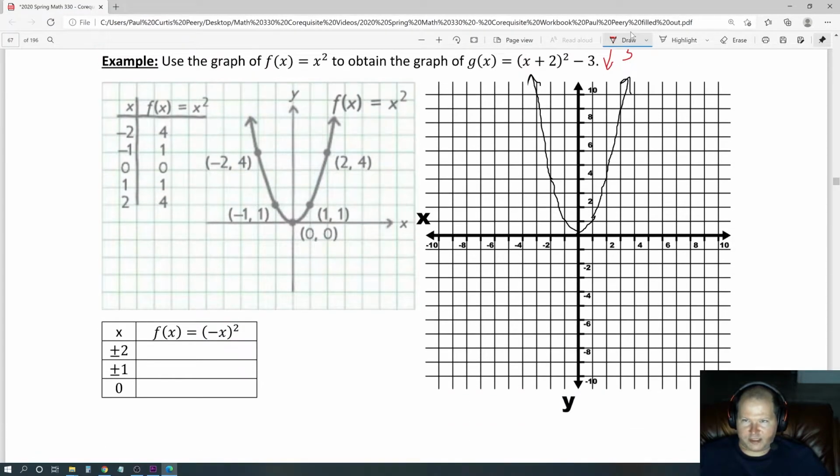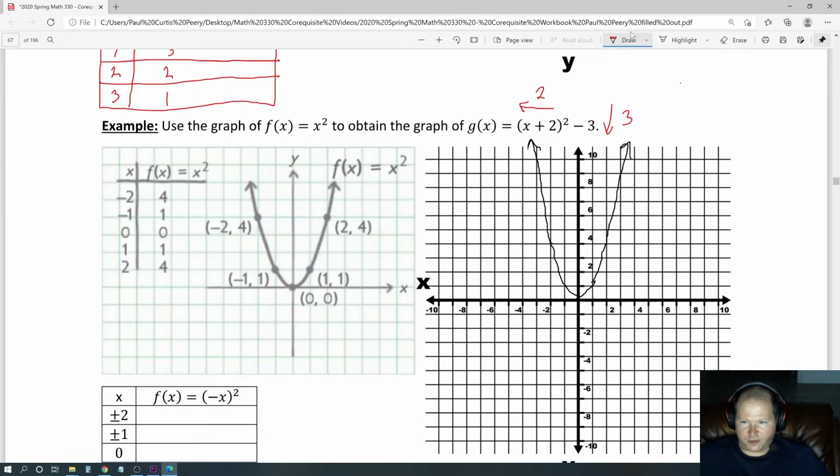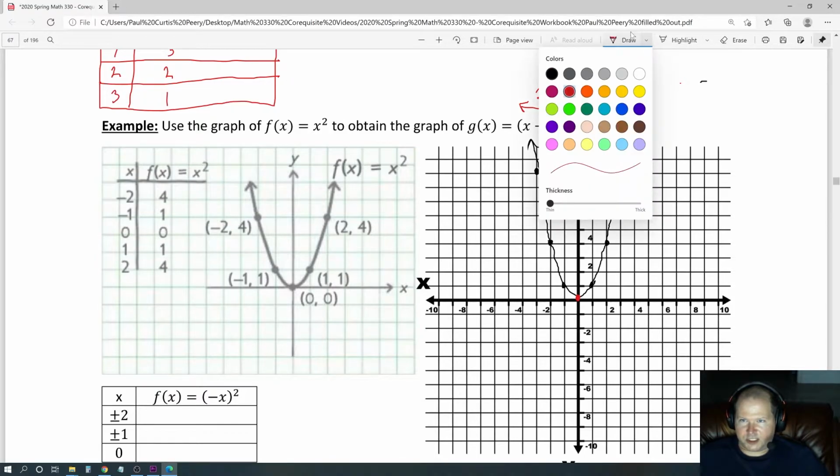So these points should move. There was originally a point there. Maybe I should have done the black one first. So there was a point there, there, and there, as well as here, here, and here. So I should just be able to shift those, right?